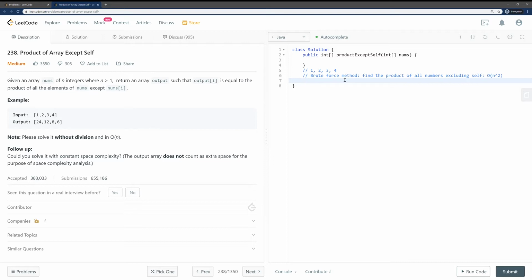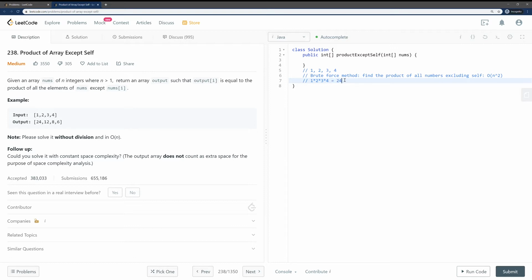Another way to solve the problem in less than order n square time is to multiply all the numbers. So what we can do is 1 multiplied by 2 multiplied by 3 multiplied by 4, the total multiplication is 24.